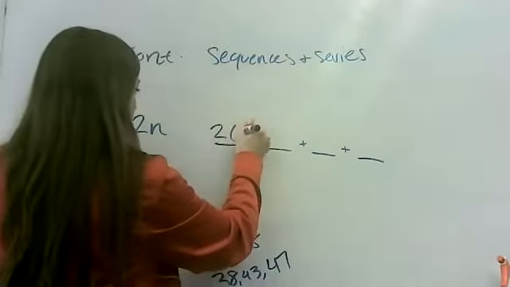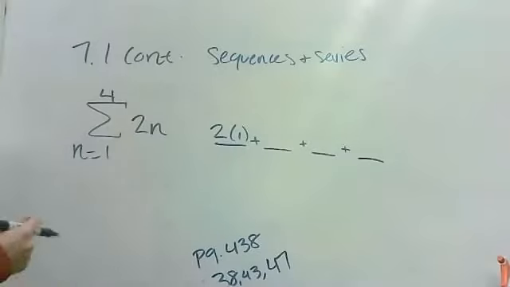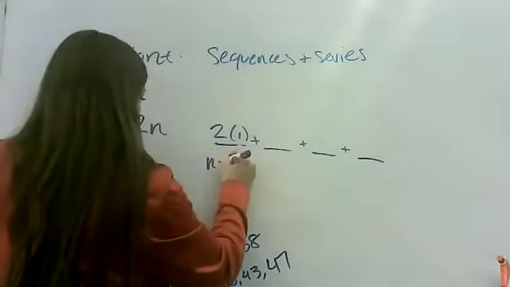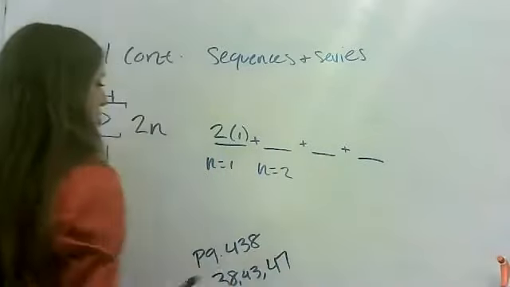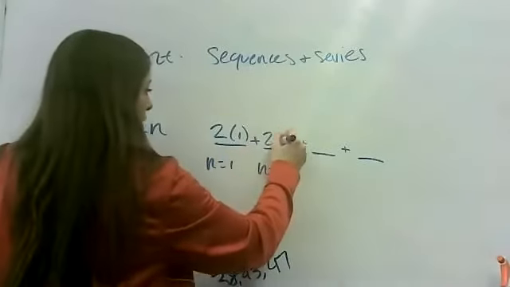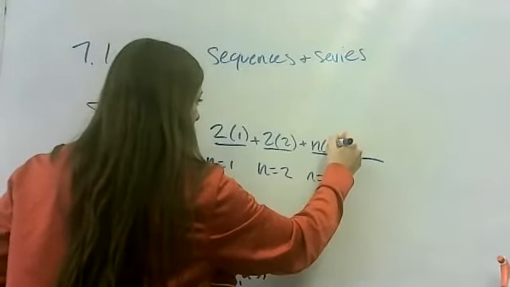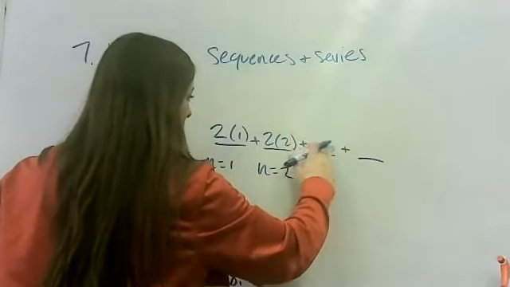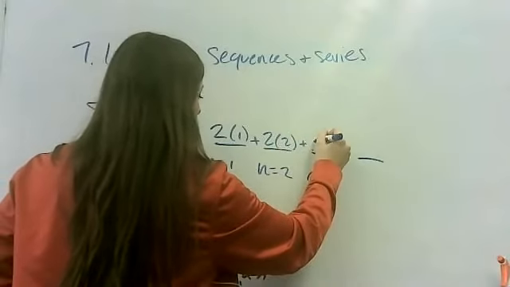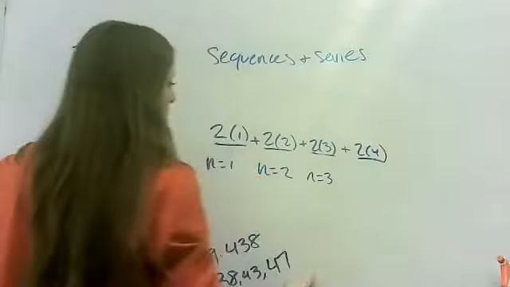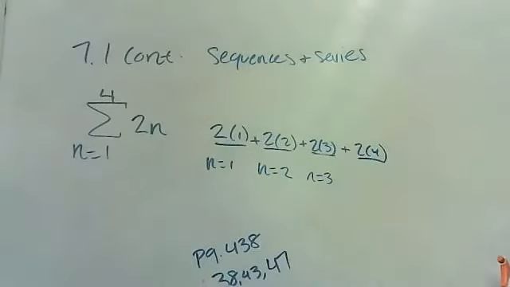So my first term would be 2 times 1. Okay, now my n is 2 in this second one, right? So n was 1 here. Here n equals 2. So I'm putting in 2 for n. Here n is 3. So I'm putting in 3 for n. And lastly, putting in 4 for n.